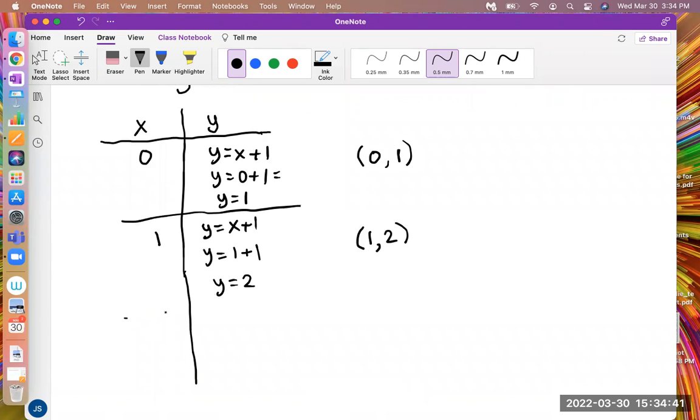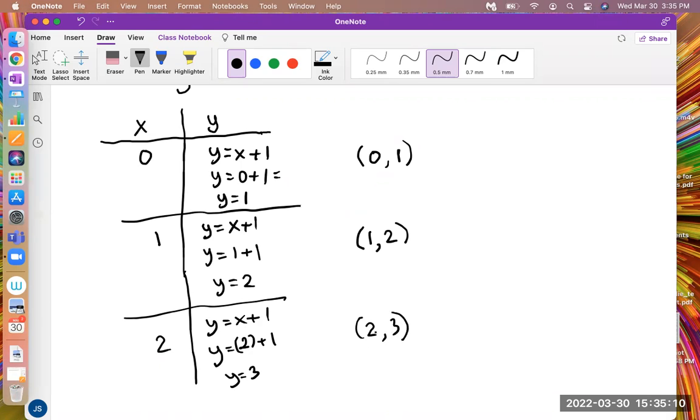Hopefully this is very familiar to you. I plug in x equals 2, and substitute a 2. It's probably a good idea to put the value in parentheses whenever you're substituting, though it's not so important here. So plug in 2 for x, 2 plus 1 is 3, and we get the point (2, 3).